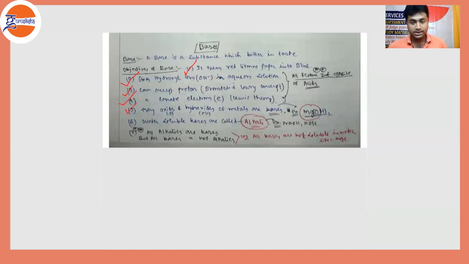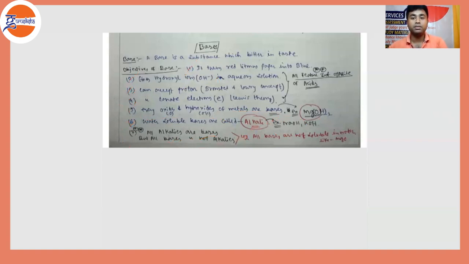Every oxide and hydroxide of metals are bases, which I have already discussed as an example, and water soluble bases. And the very important one, all alkalis are bases, but all bases are not alkalis. Okay, I gave you an example to demonstrate it.